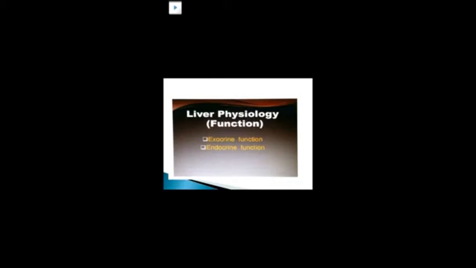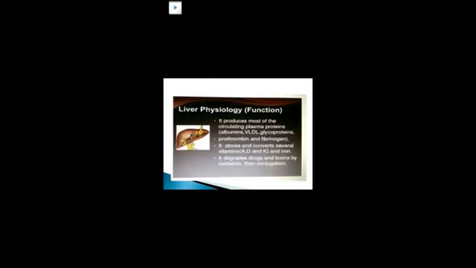The liver physiology, so as you all know, it has got dual function, the exocrine function and the endocrine function. It produces most of the circulating plasma proteins like albumins, very low density lipoproteins, the glycoproteins, the prothrombin, the fibrinogen. So various physiological body functions have a connect with the liver.